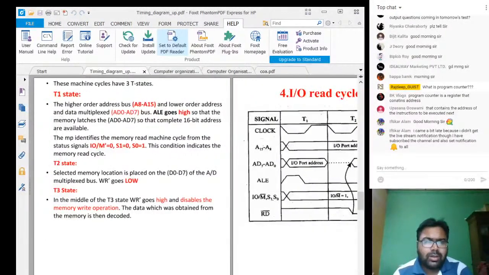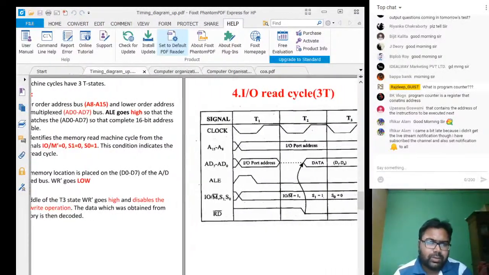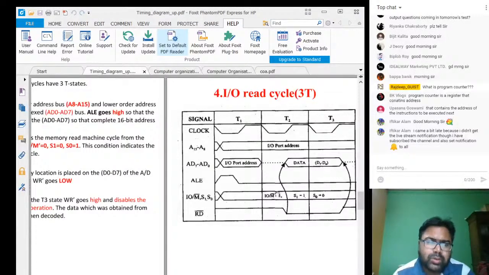Next we have the IO read cycle. For IO read, we won't transfer a memory address here, instead we'll transfer the port address. This is the only difference, the rest of the things are the same. For IO read, we are not taking the contents from memory, but from the IO port.